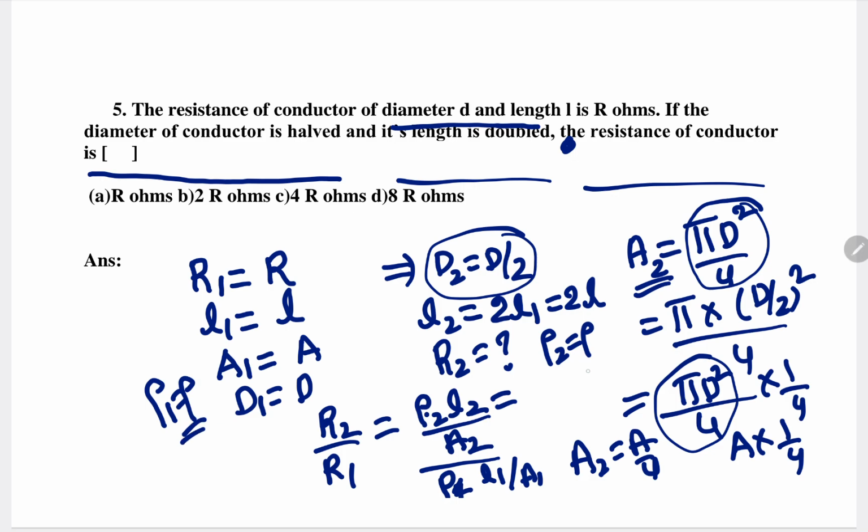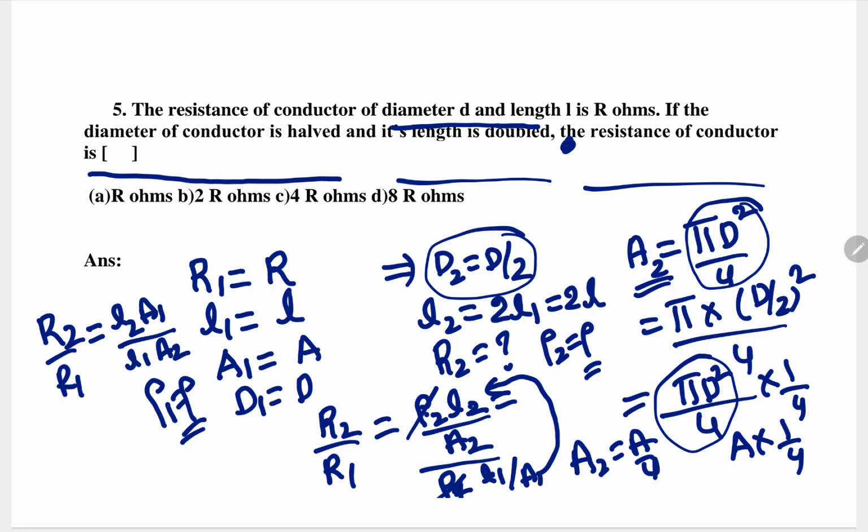So both get cancelled. Then we get L2 by A2 divided by L1 by A1. A1 comes into the numerator, so R2 by R1 is equal to L2 A1 by L1 A2.